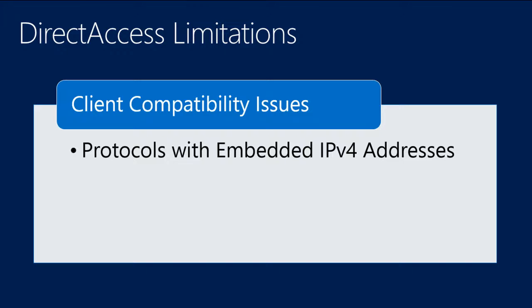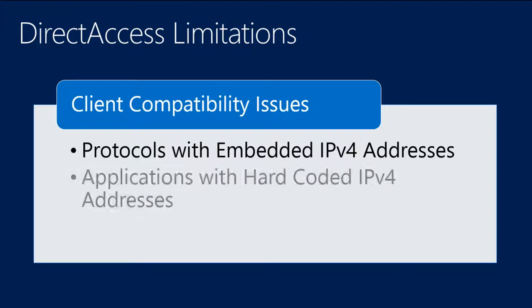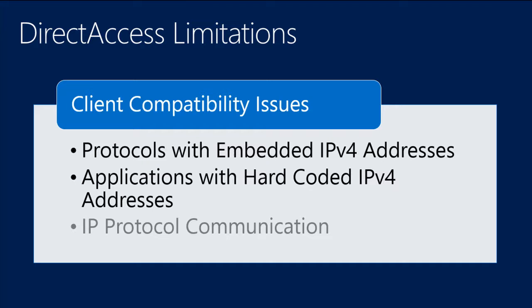There's a number of applications that will not work on a DirectAccess client. So be aware of that. It's not a utopia here. There are some applications that don't work. Any applications with hard-coded IPv4 addresses. Not that a developer would ever hard-code an IPv4 address into compiled code, but conceptually that could happen. Not that I haven't seen that before.